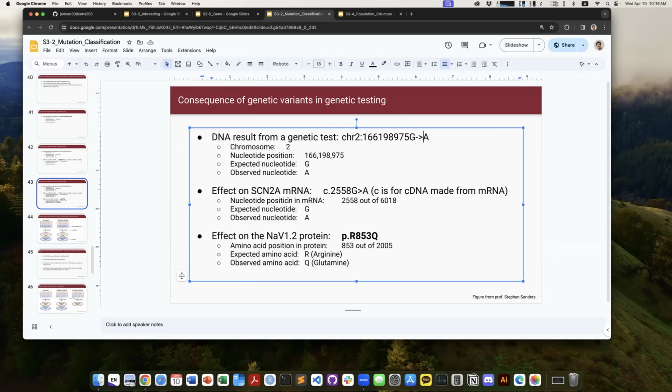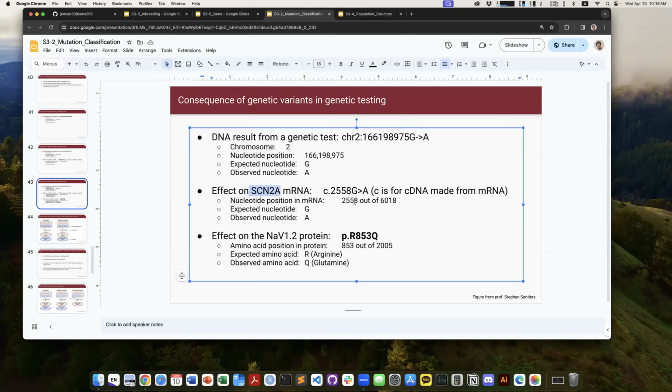The mRNA sequence of the SCN2A gene is composed of 6,018 nucleotides in the mRNA transcript. Out of these numbers, the mutation sits at the 2,558th position, right?